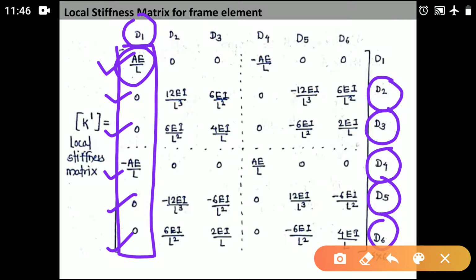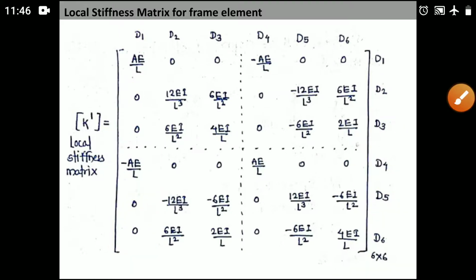We will move according to the next figures for writing the next number. First AE upon L is written from figure 1. Now the second number that we have to write is from figure number 2, when D2 is equal to 1 at node A. What is the action corresponding to this? So see figure number 2.